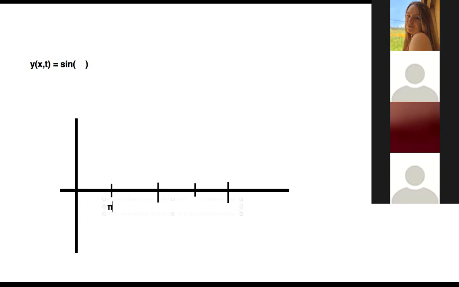So pi over 2, pi, 3 pi over 2, and 2 pi. And so what that's going to look like is, let's see if I can do this.